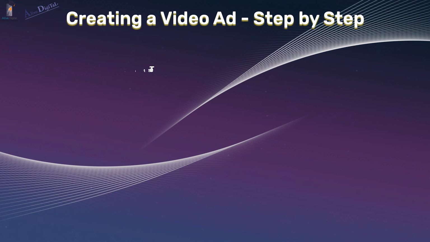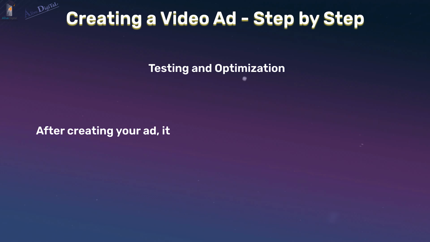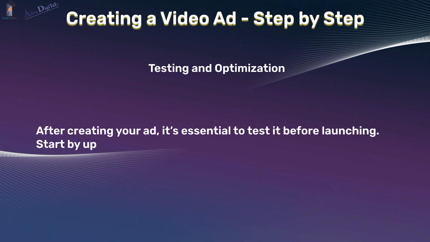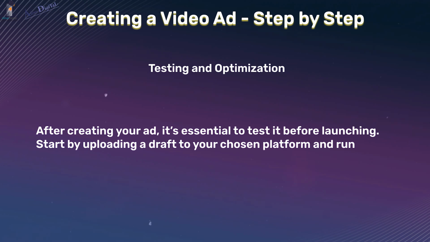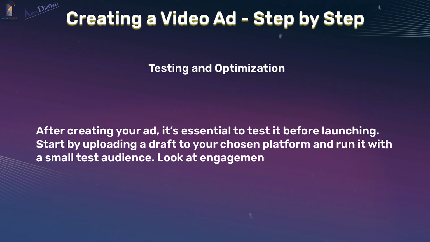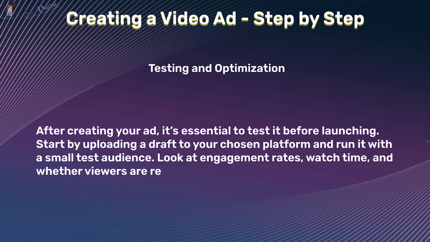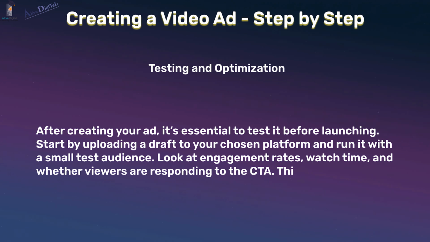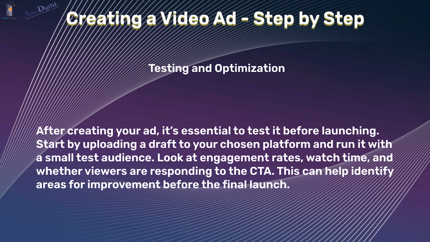Testing and optimization. After creating your ad, it's essential to test it before launching. Start by uploading a draft to your chosen platform and run it with a small test audience. Look at the engagement rate, watch time, and whether viewers are responding to the CTA. This can help identify areas for improvement before the final launch.